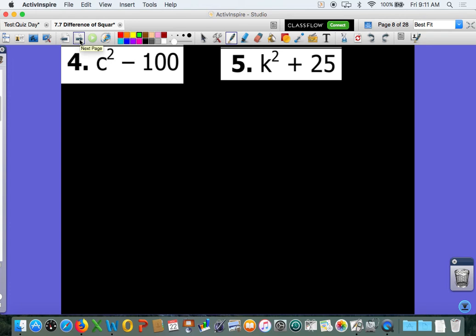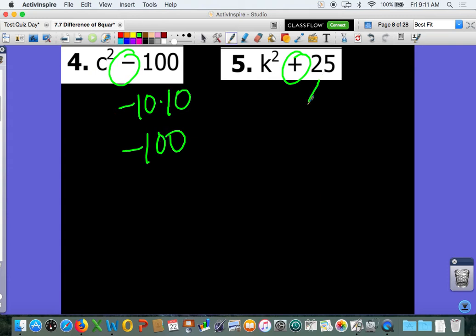Alrighty, we got to keep looking. Now there is a special thing I want you to notice. This is a subtraction sign right here, whereas this is a plus. So pay attention to the fact that negative 10 times positive 10 gives me negative 100. However, there is no combination of things that will cancel out and still give me positive 25. So for example, I've got 5 times 5 and negative 5 times negative 5.